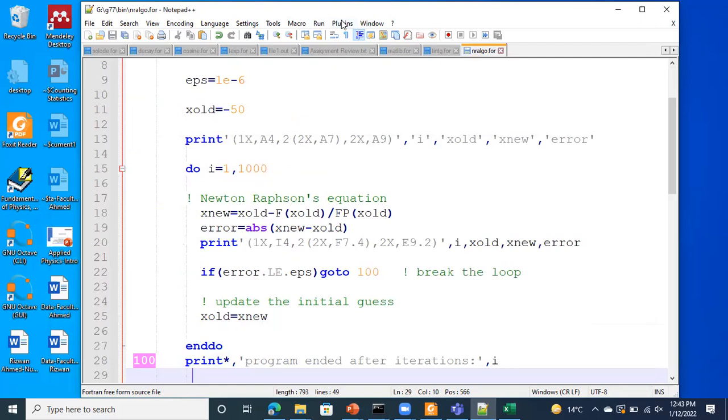Okay, so we have successfully implemented the Newton-Raphson's algorithm. So this can be more generalized in a function form, and it can call external functions as f of x and f prime of x.